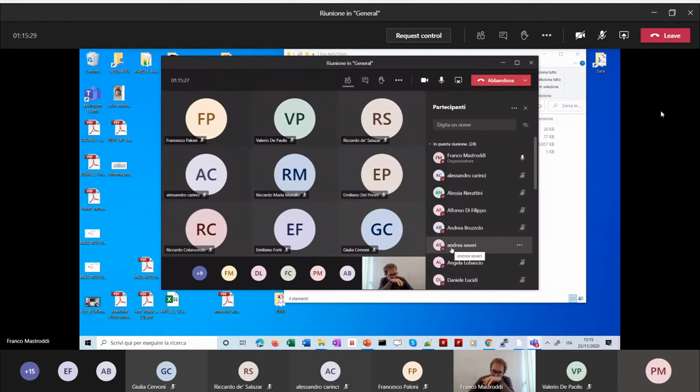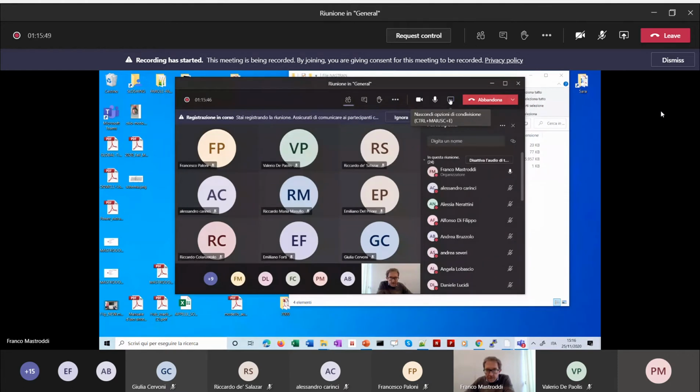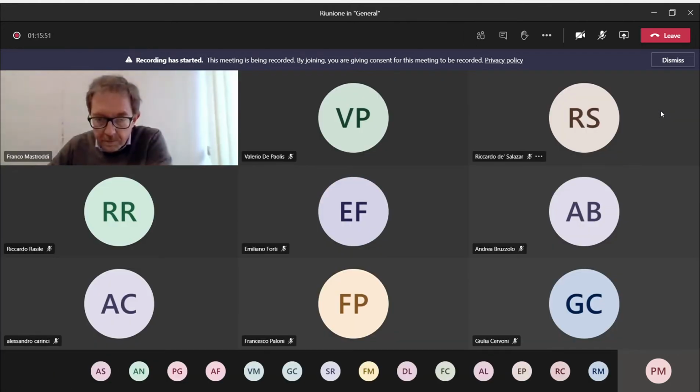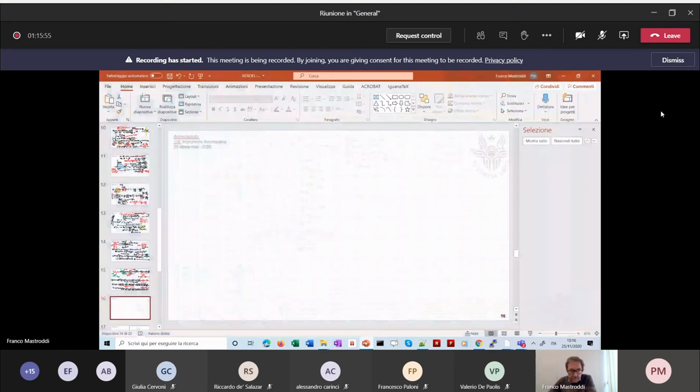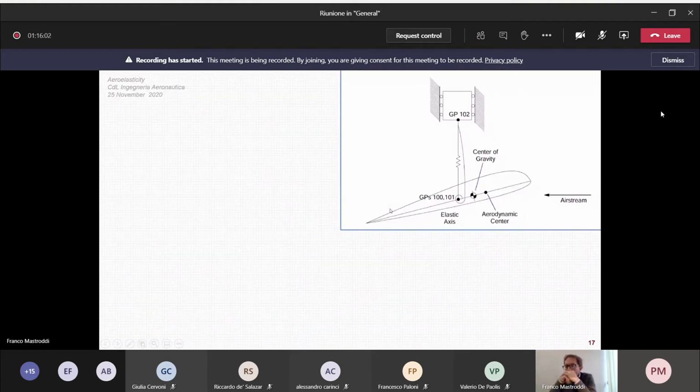In particular, I want to propose this exercise here, which is exactly the same exercise we considered in exercise number 2, but this is exercise number 3.